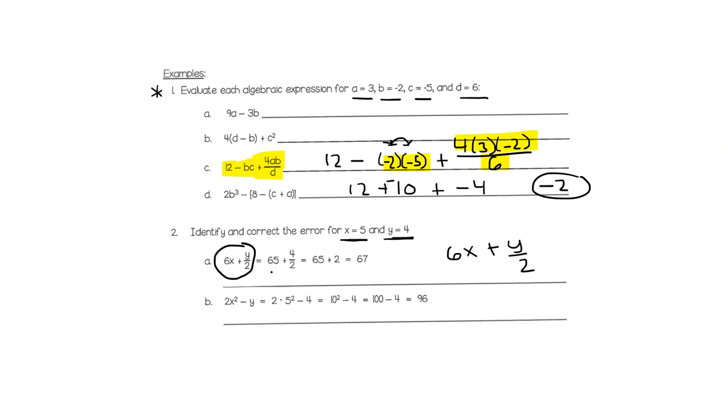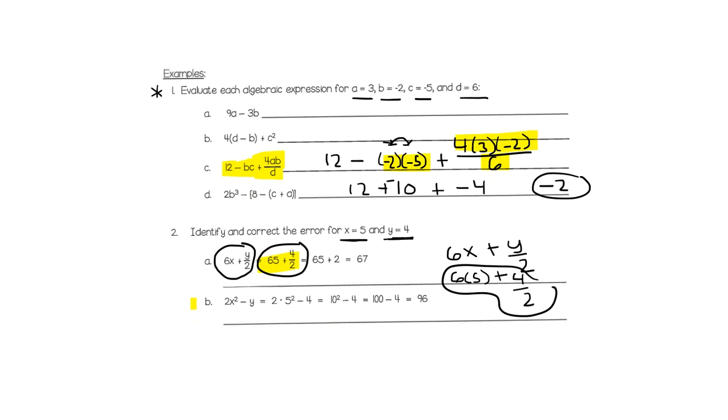And you can see that they then wrote this as a 65, but this is 6 times x, so that should have been 6 times 5 plus y, which is 4, divided by 2. So that's the part right there where there was a mistake made.